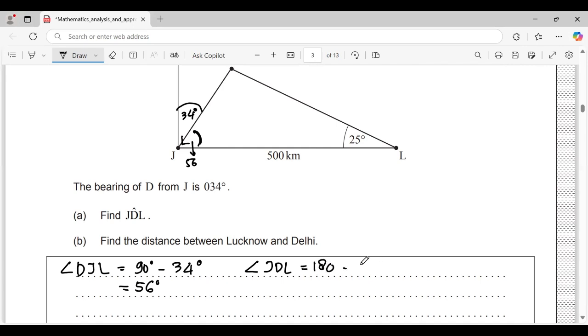It is 180 minus angle DJL and minus angle JLD.